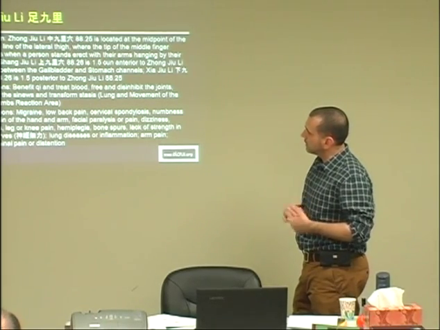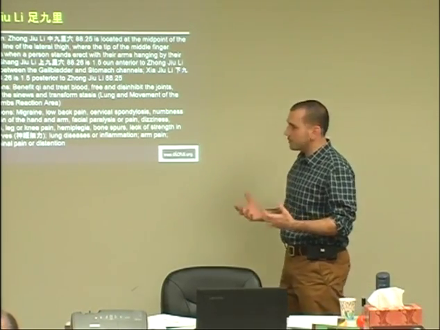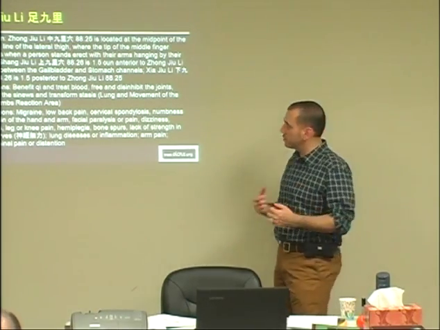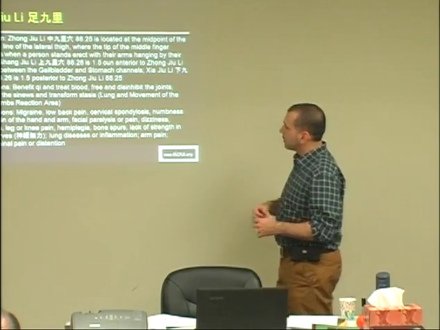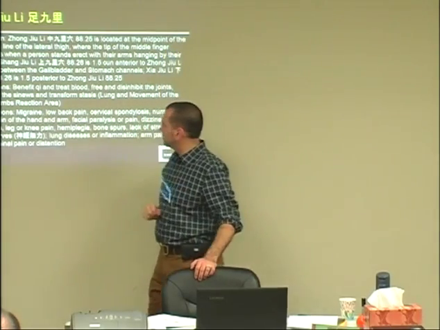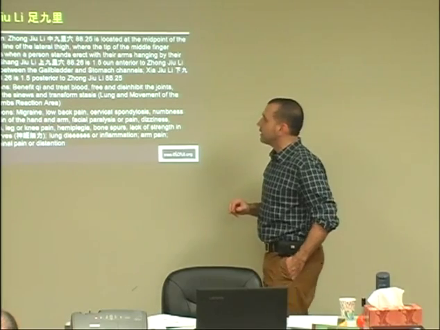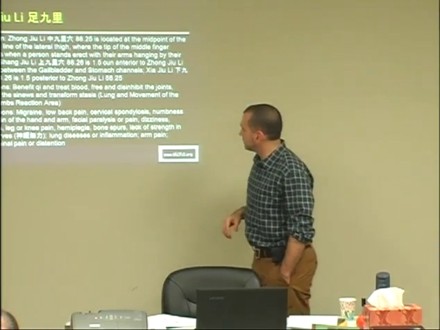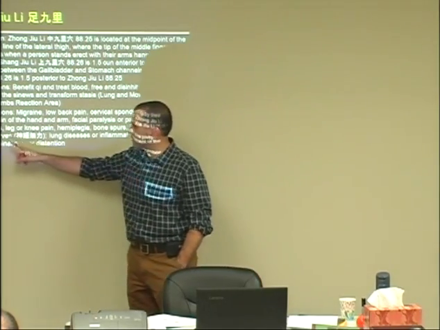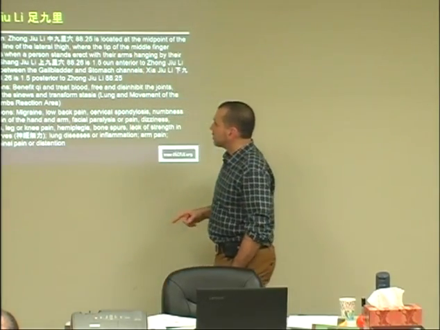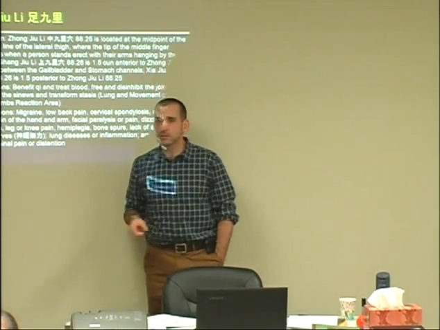This group of points benefits the qi and treats the blood, frees and disinhibits the joints, so they treat pain and stiffness in the joints. Lots of pain indications again. Migraine, so the typical lateral headache. You can use it for all sorts of other problems: low back pain, cervical problems, facial paralysis, and lack of strength in the nerves, shenjing wuli. This is a description, lack of strength in the nerves.